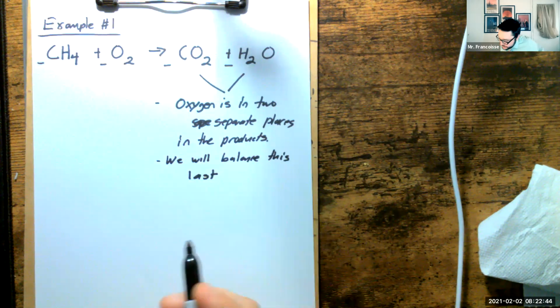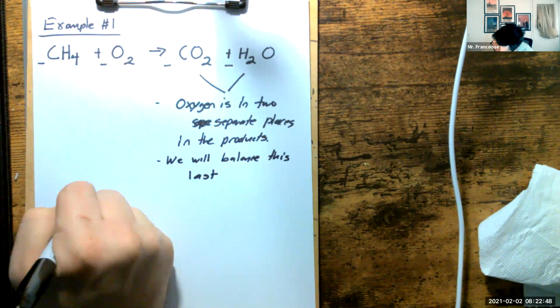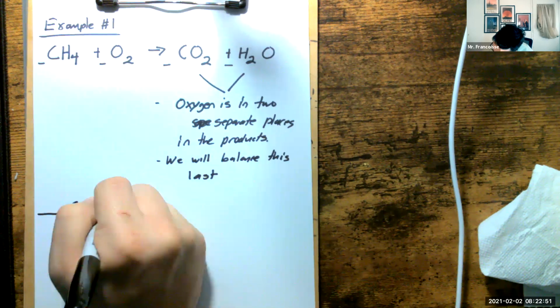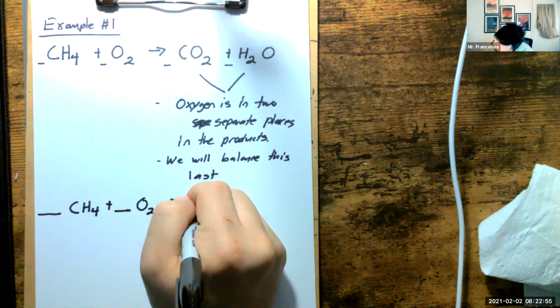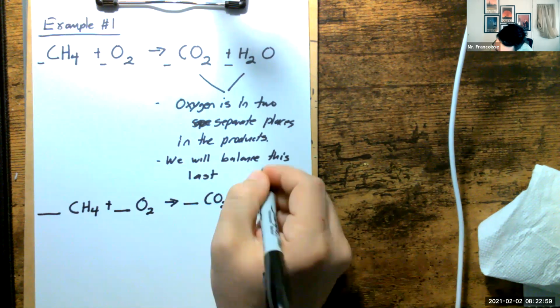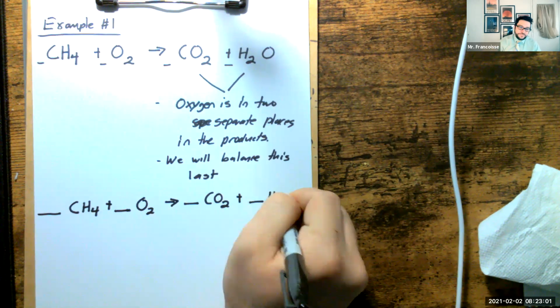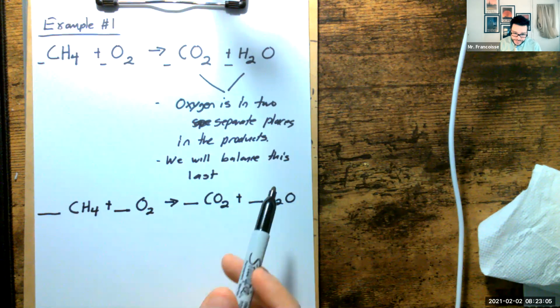So let's look at our equation. I'm going to rewrite this so I have space. So I'm leaving myself space for the spaces. So we said that we're going to deal with oxygen last.